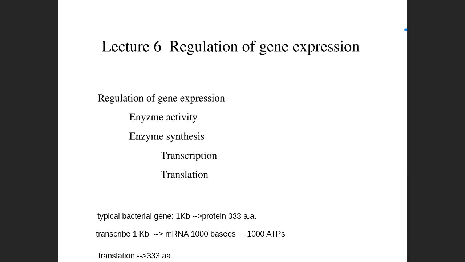Yeah, go ahead, Mamadou. I would like to ask about the 1,000 ATP. How do we get the ATP? Is it the hydrogen bonding? Do we need ATP to do that bonding?